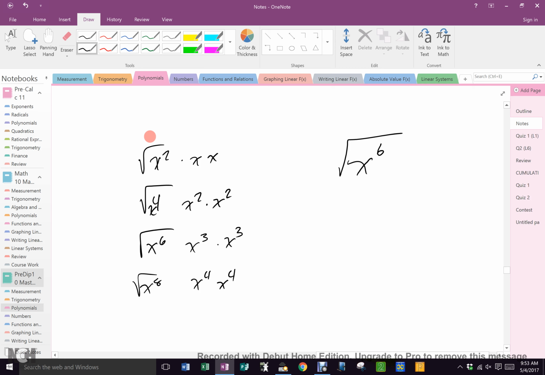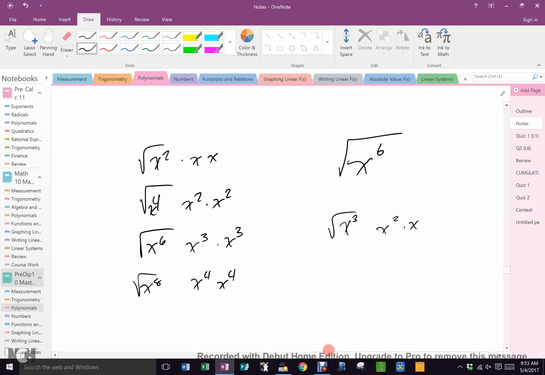Yes. Did they all have exponents? Yes. What is the common characteristic between all of those exponents? They're what? Even. Can I get the square root of x cubed? No, why? Because x squared times x isn't the same thing.